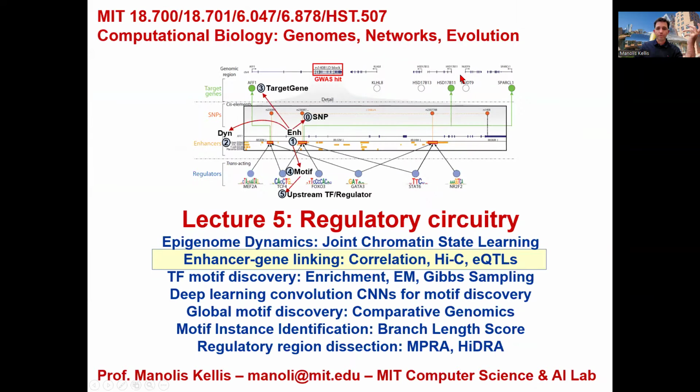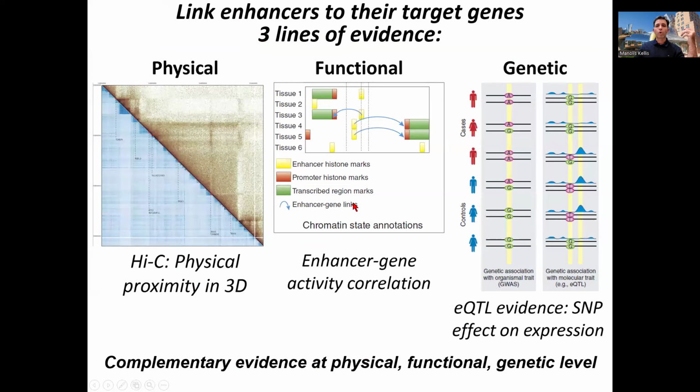So this is one type of linking. You can use correlation-based linking. That basically says whenever these enhancers turn on, these genes also turn on. Everybody with me here? Good. You can use genetics-based linking.